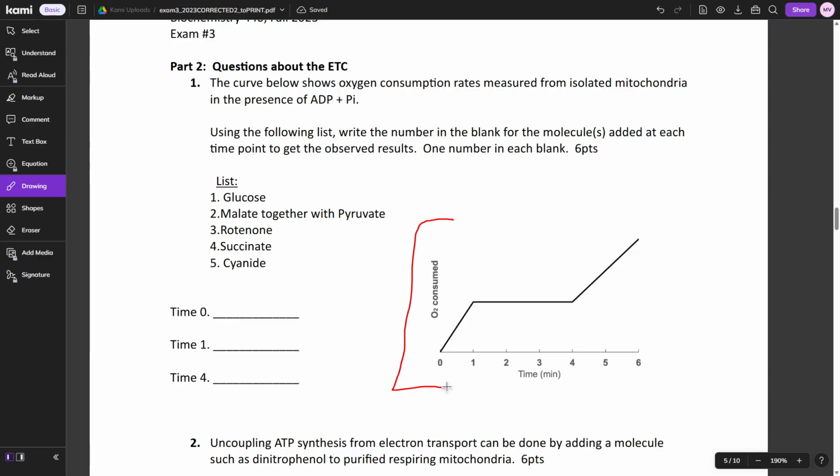Every pyruvate that goes through citric acid cycle makes 3 NADHs each and 1 FADH2. So that'd be 6 NADHs from citric acid cycle, 2 FADH2s from citric acid cycle, 2 NADHs from PDH, and 2 from glycolysis. Right? So we would literally just cut that in half.